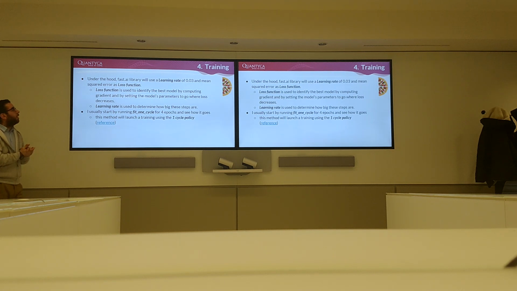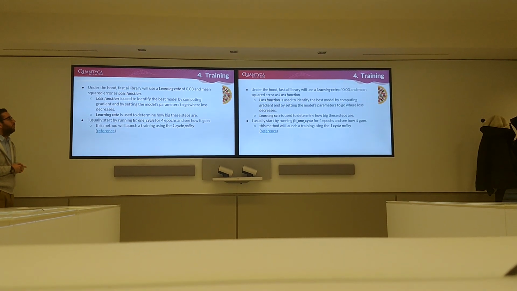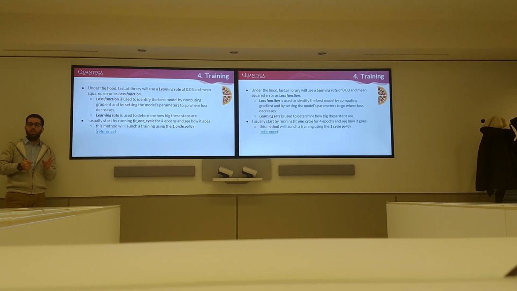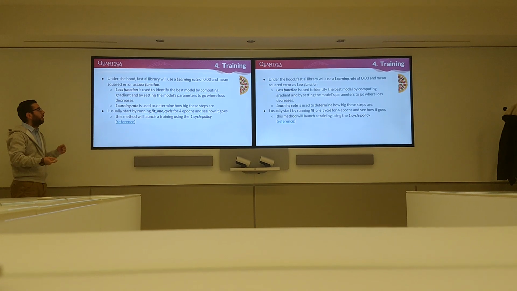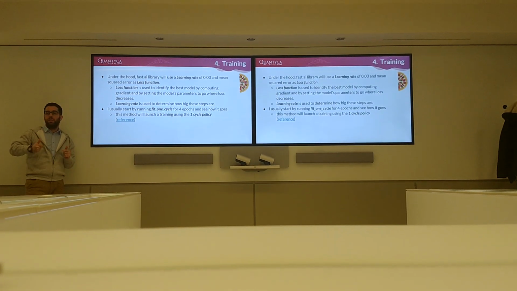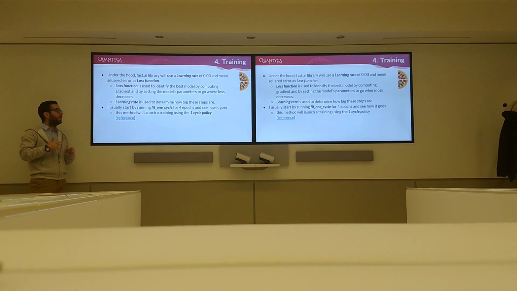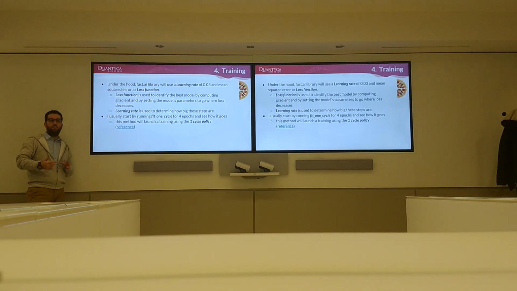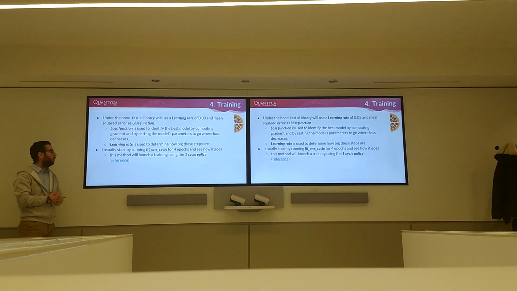Okay. So under the hood, what does the model do? It uses a loss function, which is the function you use to understand how it is going. Okay? And a learning rate, so that it is able to move in the direction of the gradient of the loss function more or less, depending on the stage of the model.